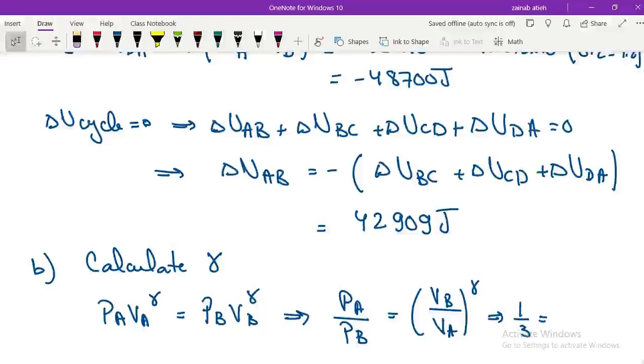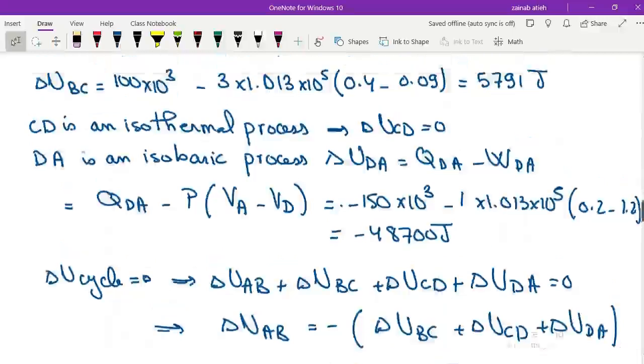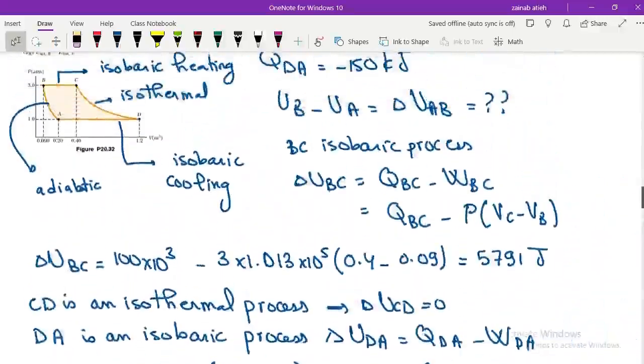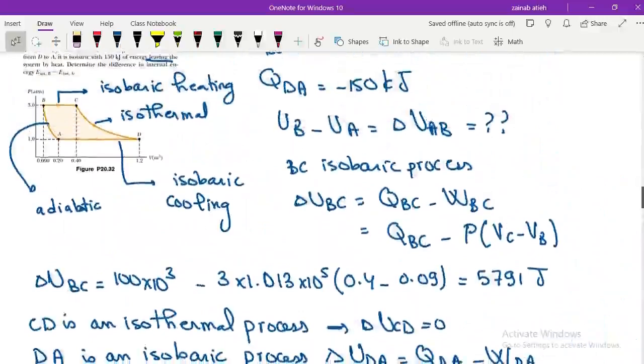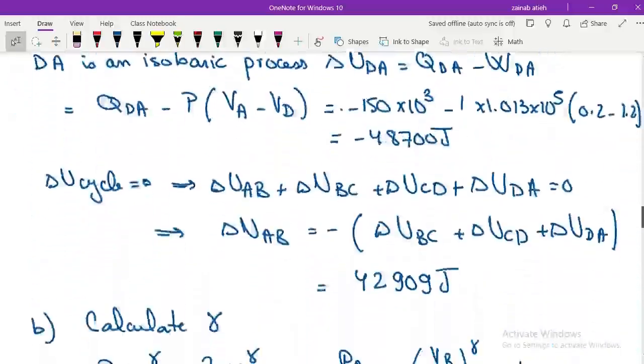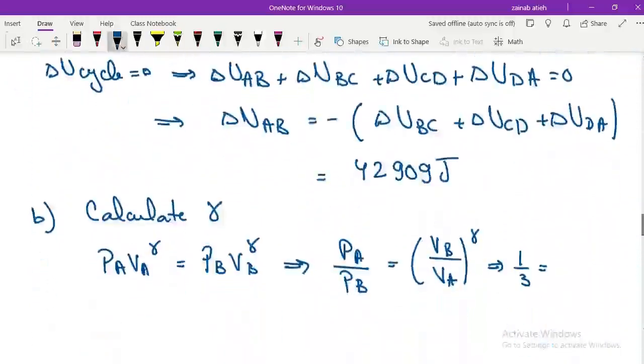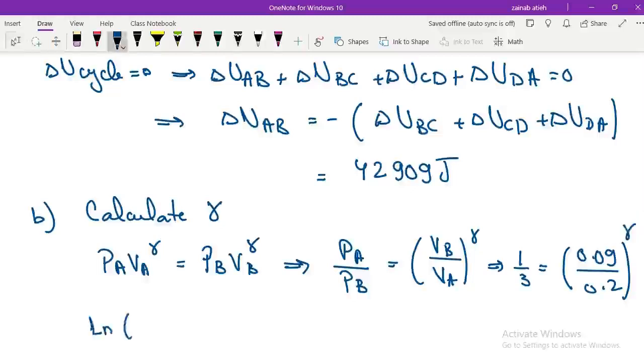VB. Okay, so VB is equal to 0.09 and VA is 0.2. So 0.09 over 0.2 to the power gamma. Now how to find gamma? You just have to do a ln function. So ln 1 over 3 is equal to ln of 0.09 over 0.2 to the power gamma.